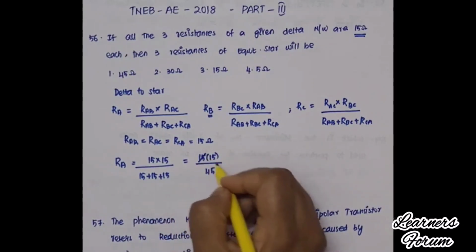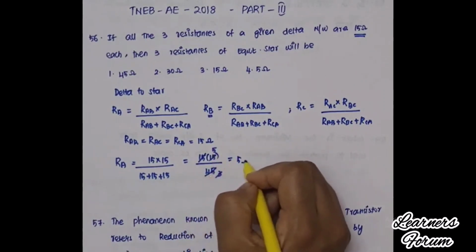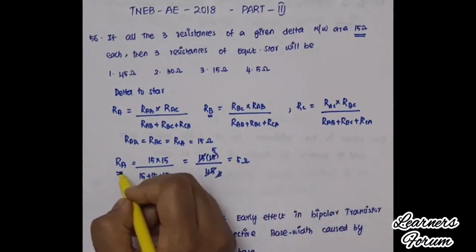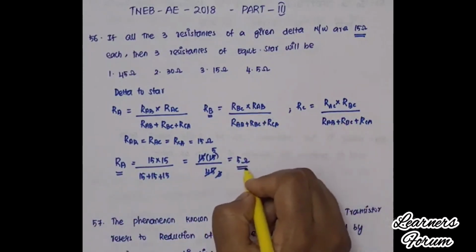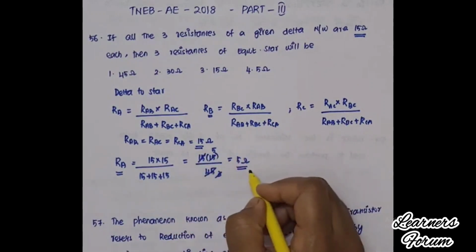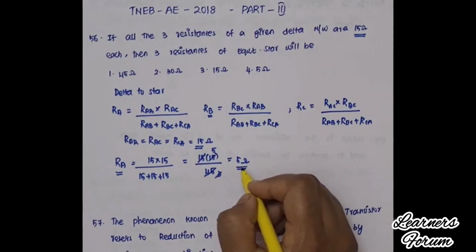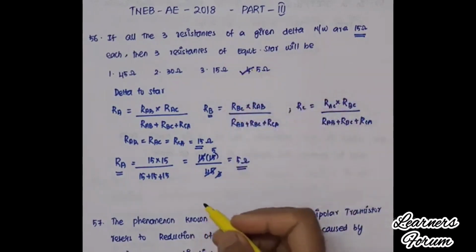Cancelling this, we will get 3 and here it will be 5, which is equal to 5 ohms. Similarly, we will get the same value for RB and RC because all the values are 15 ohms each. So the value of RA, RB, RC are 5 ohms for the equivalent star, which is available under option 4, which is our correct answer.